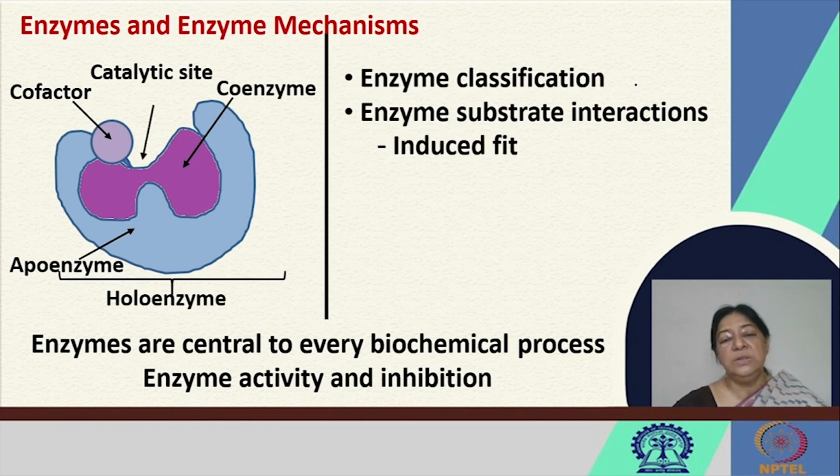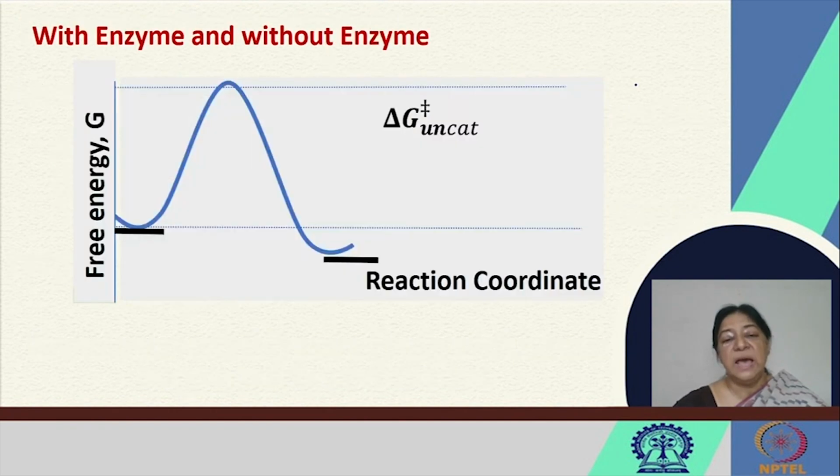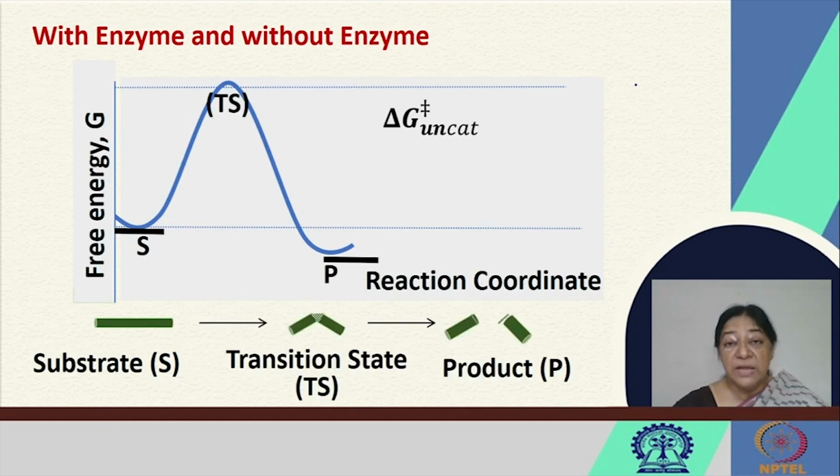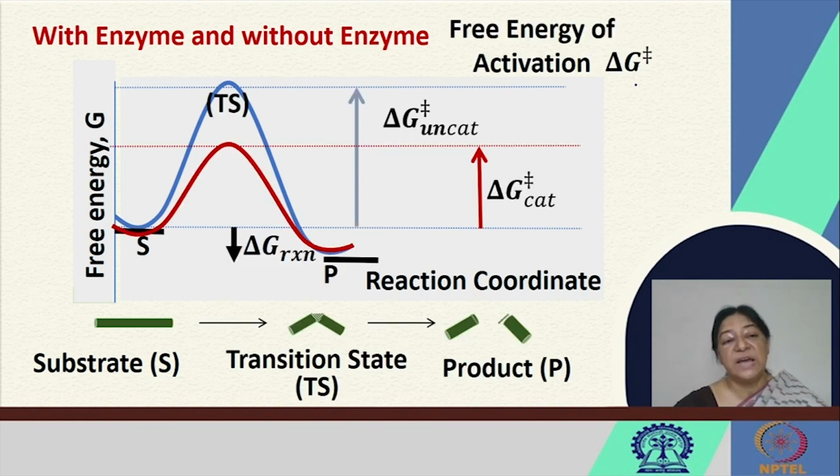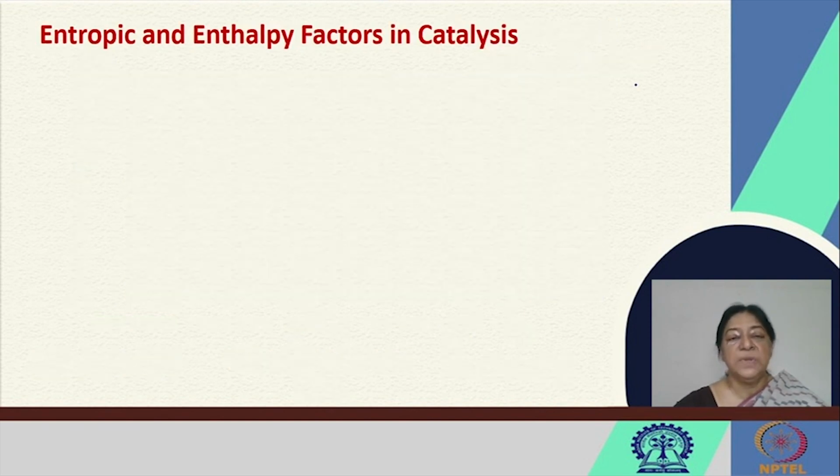We looked at all these specific processes and the factors that are important for the specific enzyme catalytic reaction, where we have the specific energetics associated with the catalyzed reaction and an uncatalyzed reaction.